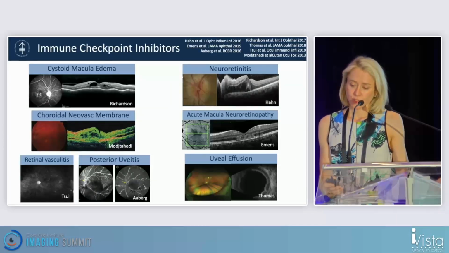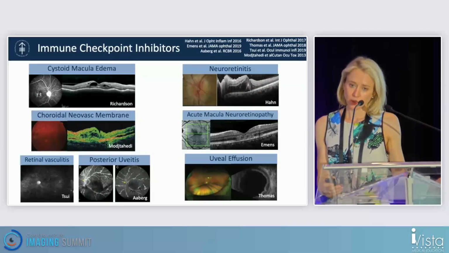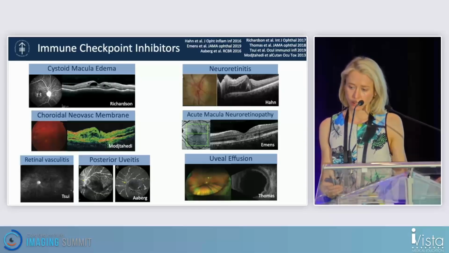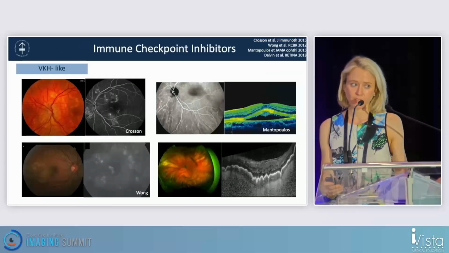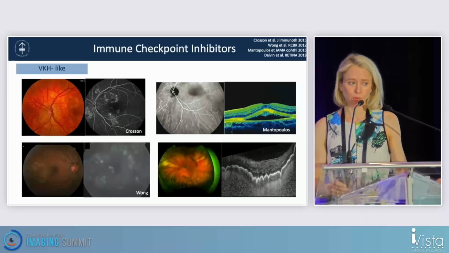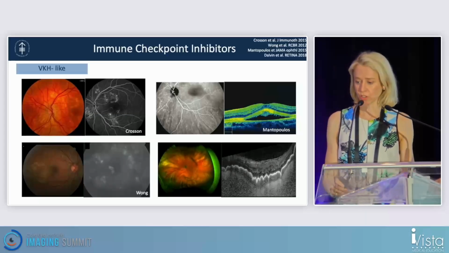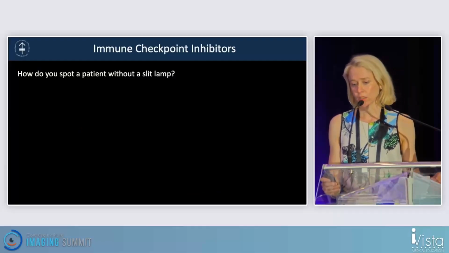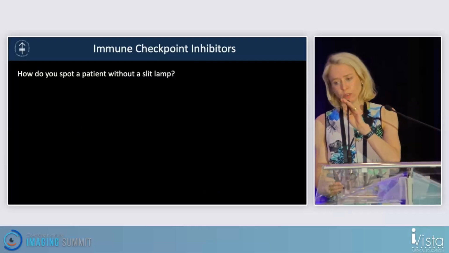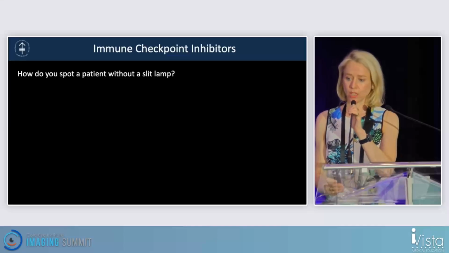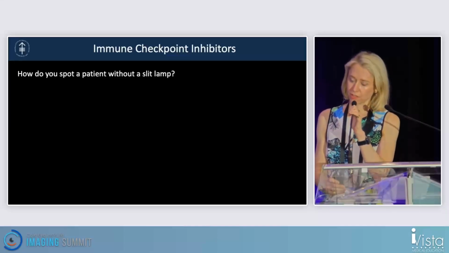Here are some examples of posterior segment checkpoint inhibitor-related inflammation. And to note, there is a VKH-like clinical picture that has been reported both with and without neurological symptoms. Question: how do you spot a patient on an immune checkpoint inhibitor without using a slit lamp?